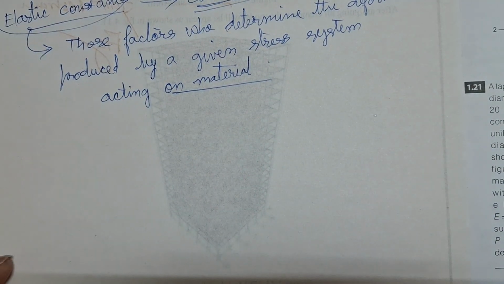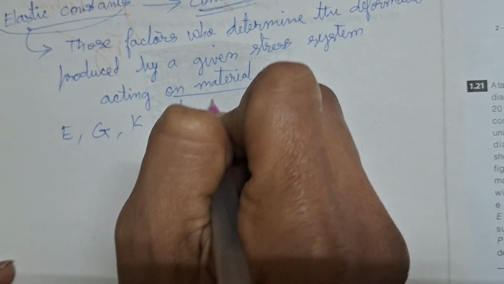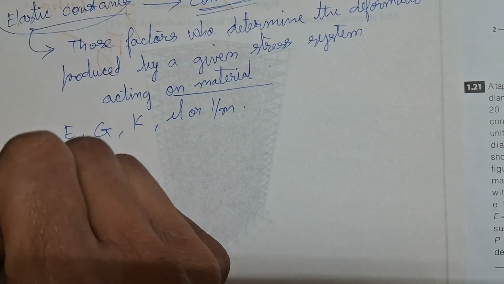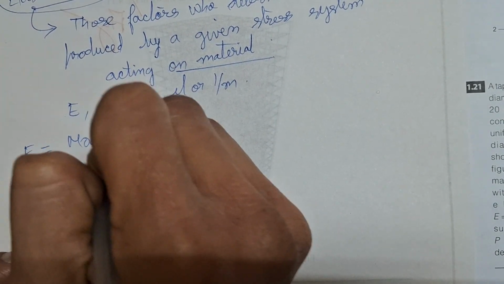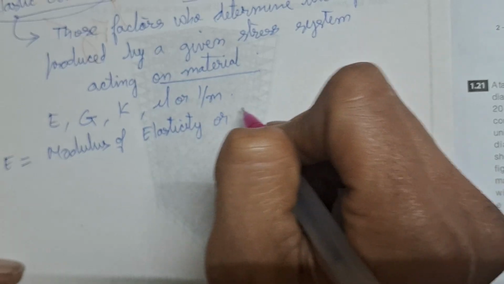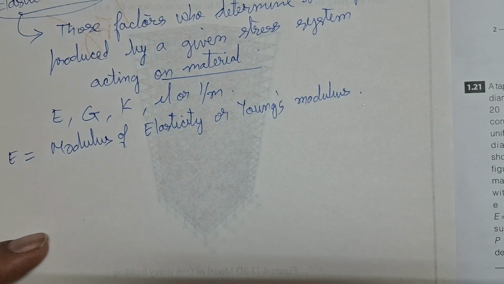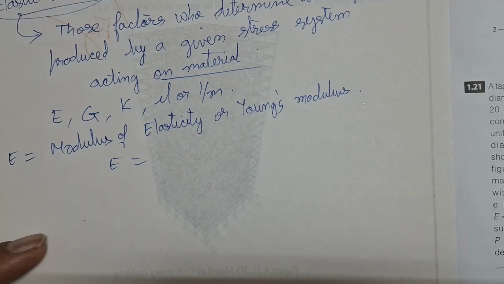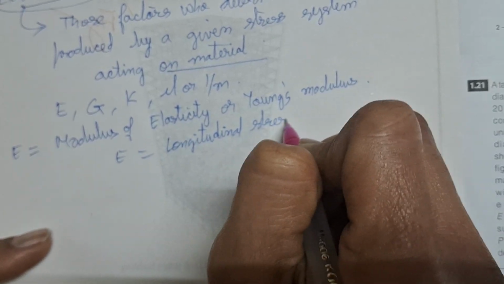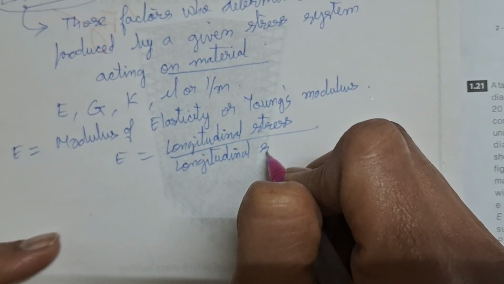So basically which elastic constants have we seen? One is E, G, K and mu, that is mu or 1/m, Poisson's ratio. E is known as modulus of elasticity, also called Young's modulus. E is basically the ratio of longitudinal stress divided by longitudinal strain. Longitudinal means along the length.